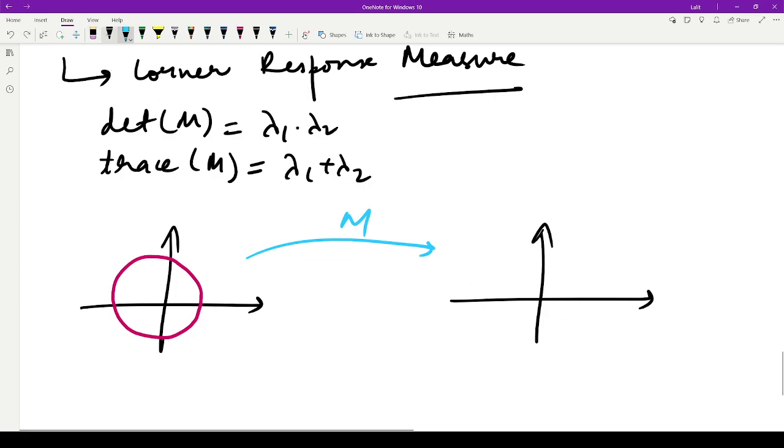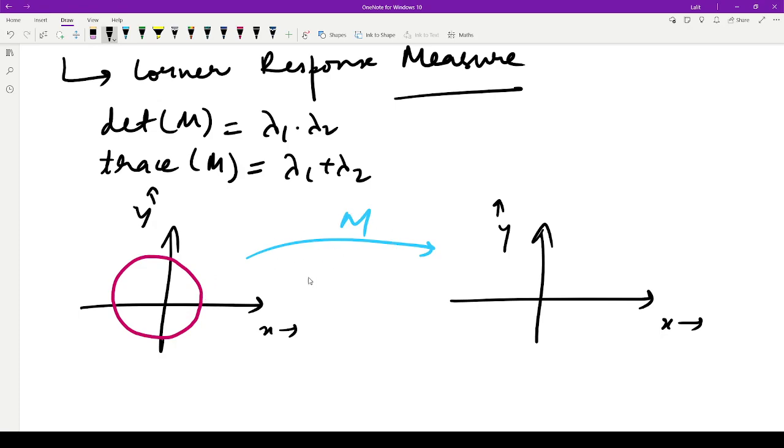And then what I got is this right figure. I'll just put it simply.